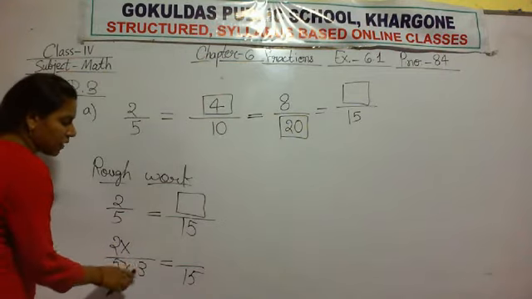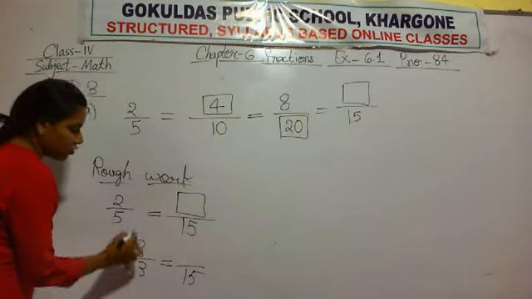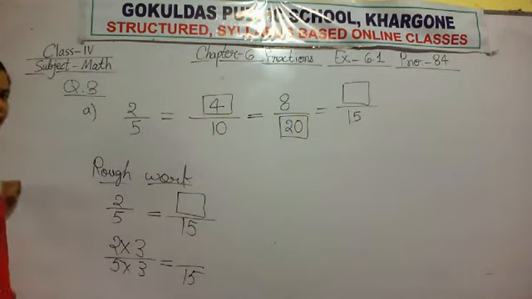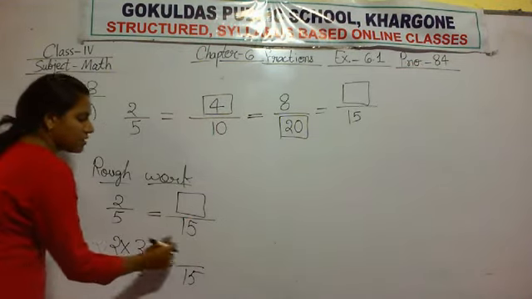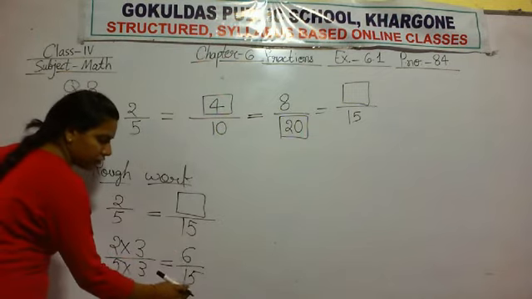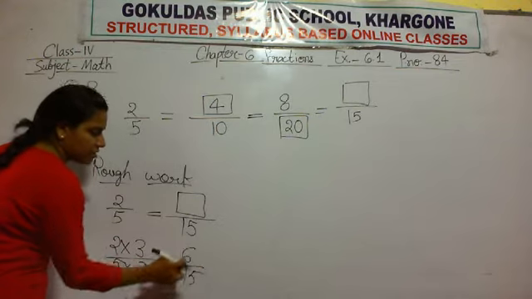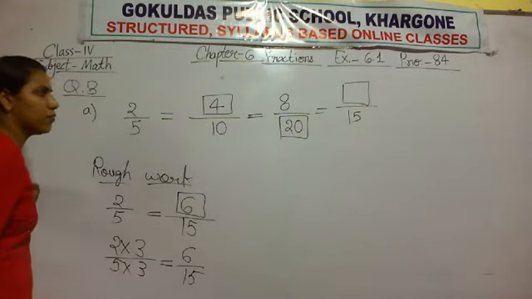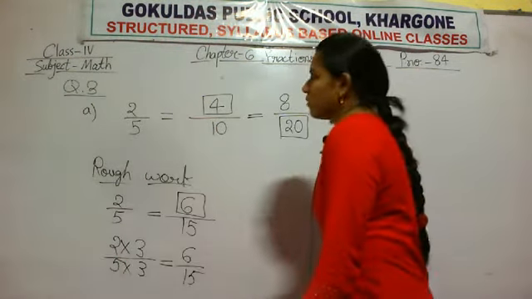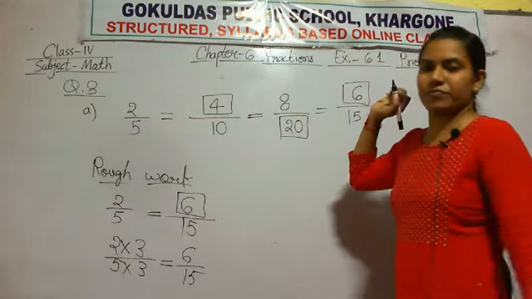You are multiplying by the digit 3, so here also in numerator you need to multiply by 3. So 2 3s are 6 and 5 3s are 15, already it is given. Our result is 6, so write 6 in the blank box. So what will come here? 6 will come here.